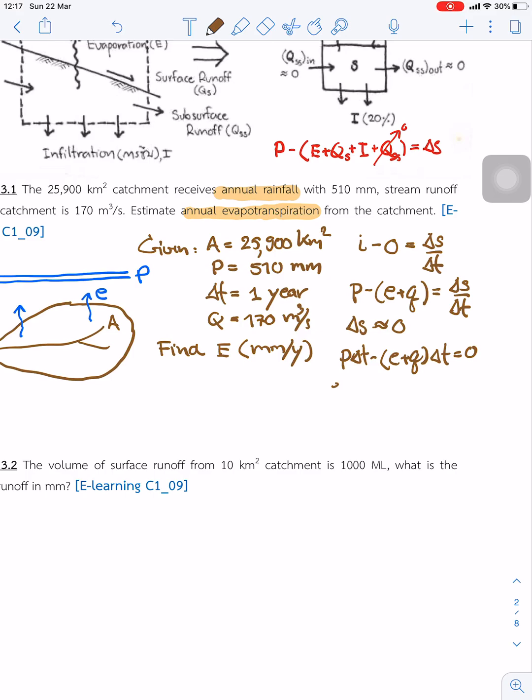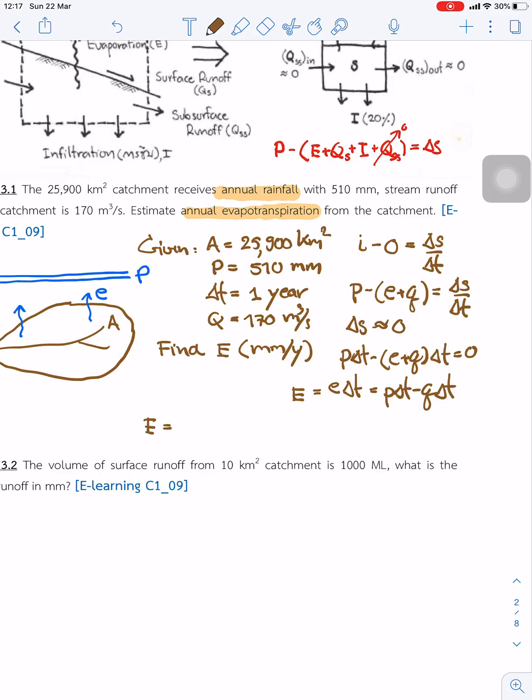We want to get evaporation E times delta T, which means evaporation rate times delta T. So we got the total volume of the evaporation, and now we can substitute.